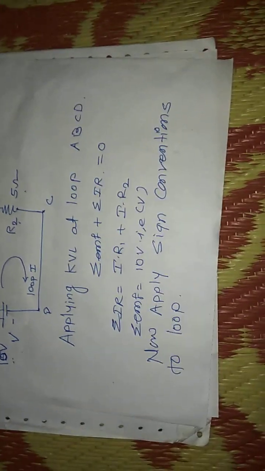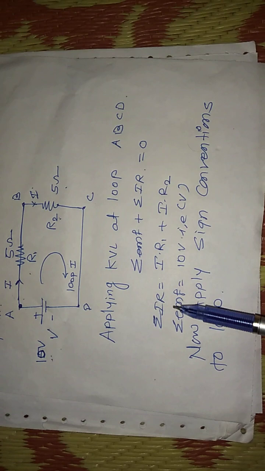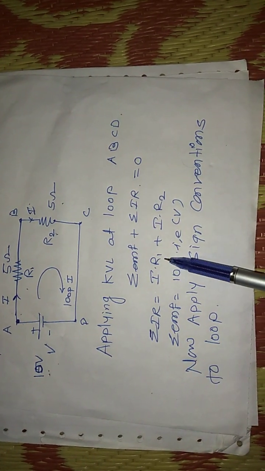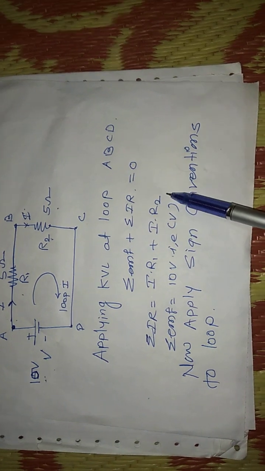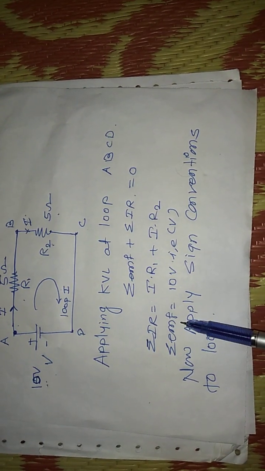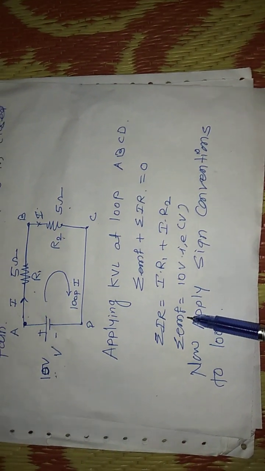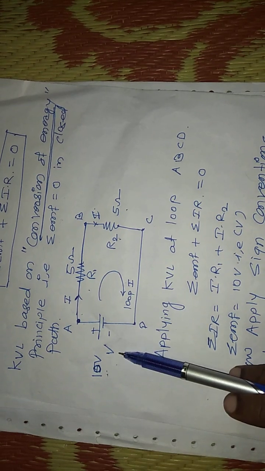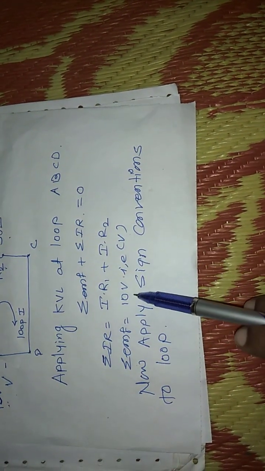In a similar way, summation IR is equal to I into R1 plus I into R2. And the summation of EMF means the total supply. There is only one source, a 10 volt voltage source, hence the EMF or V is equal to 10 volt.